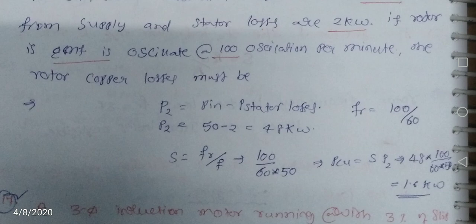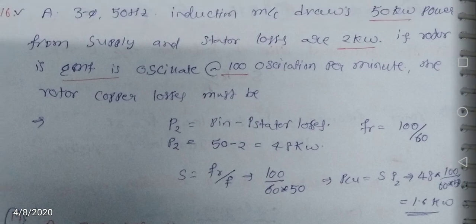S equals FR by F, where FR is 100 rotor oscillations per minute, 100 by 60, and the stator frequency F is 50.